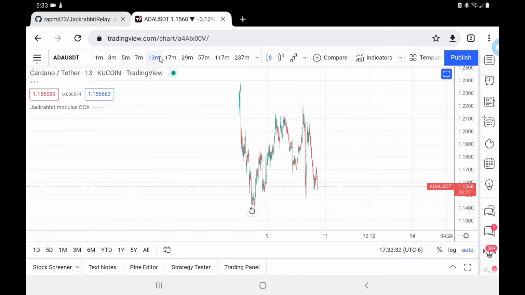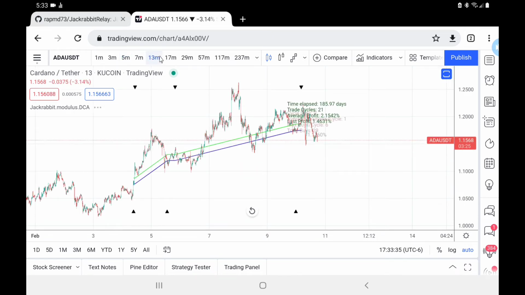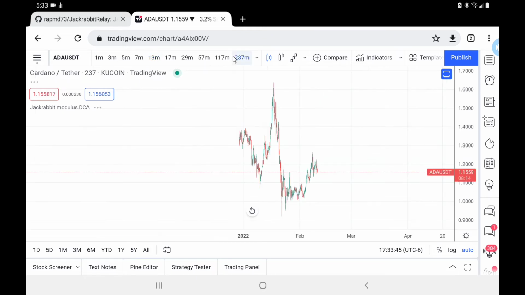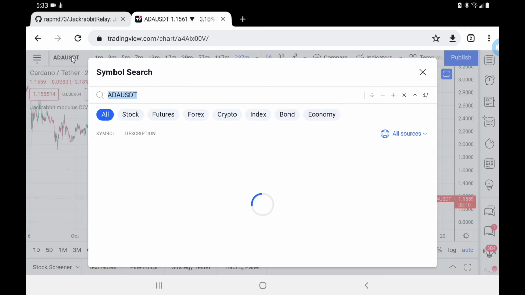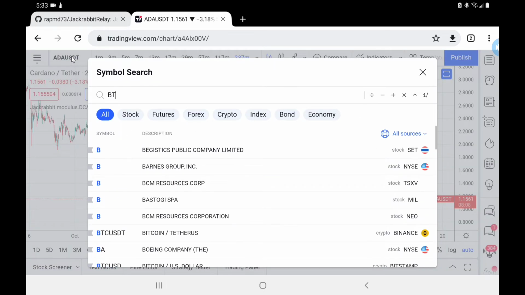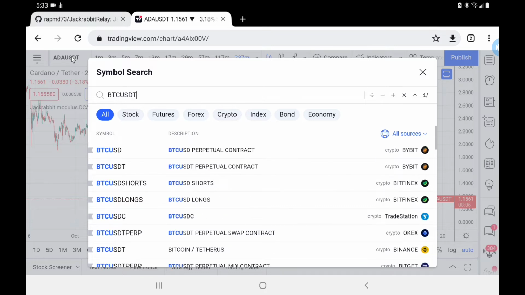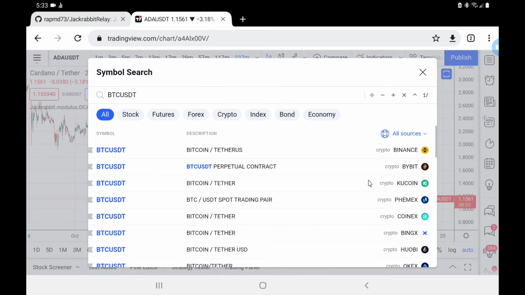That is important for long-term trading. I need this to remain consistent under any and all market changes. So let's go right here, and I'm expressly going to go to the BTC market.